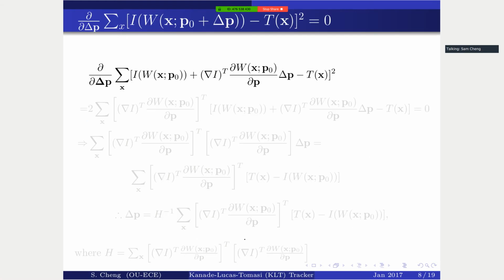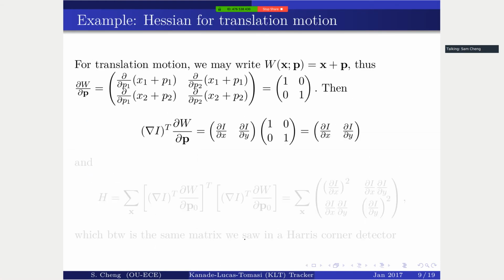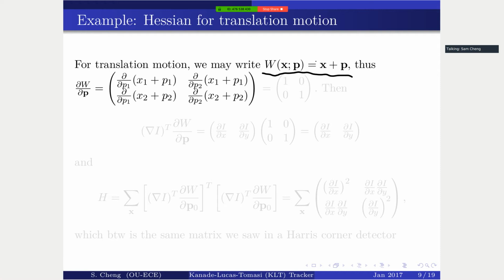I guess if I give you a concrete example, it will be clearer. Let's say, as in optical flow, w is just a translation. In this case x is equal to x1 and x2, and p is p1 and p2, the displacements.